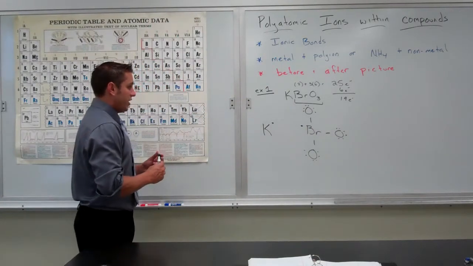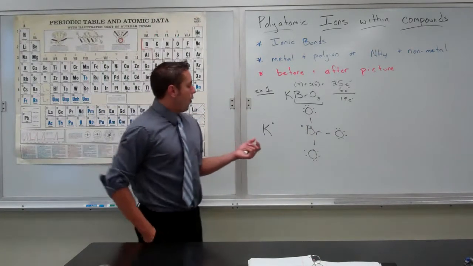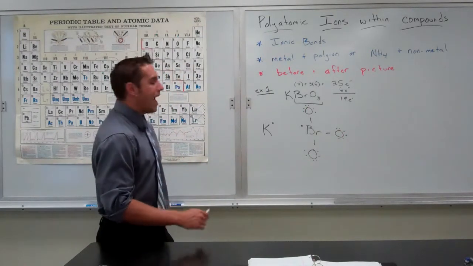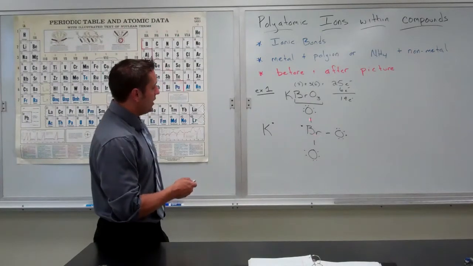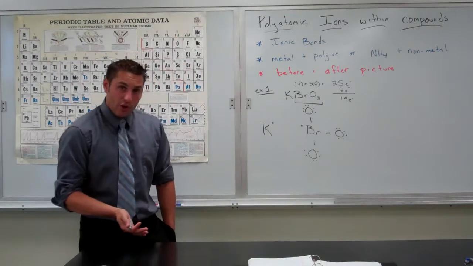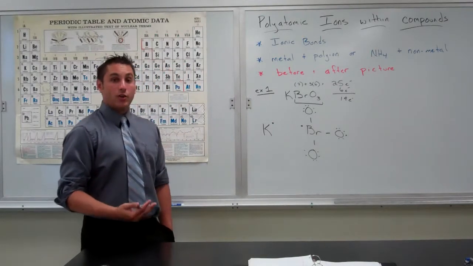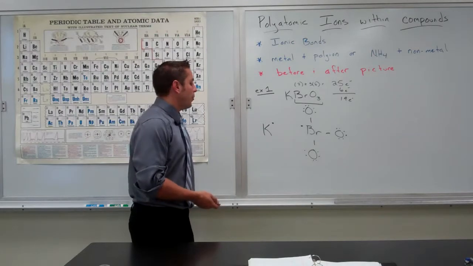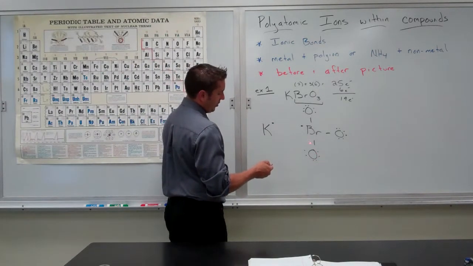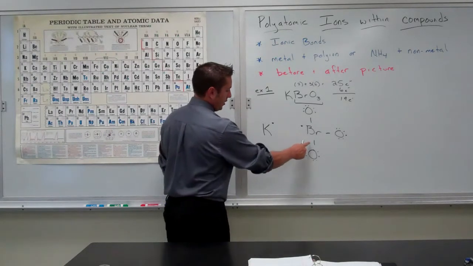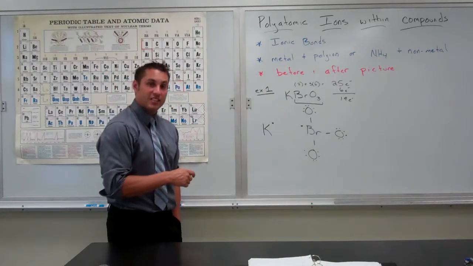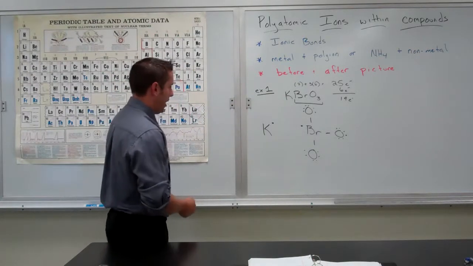So when we check our octets, oxygen, oxygen, and oxygen are all happy with 8, but bromine, 2, 4, 6, 7 is unhappy. We also can't cure it by creating double and triple bonds, because if I were to push 2 of these into here, I would then give bromine 2, 4, 6, 8, 9, which is just as bad as having 7. It still doesn't fill the octet rule.